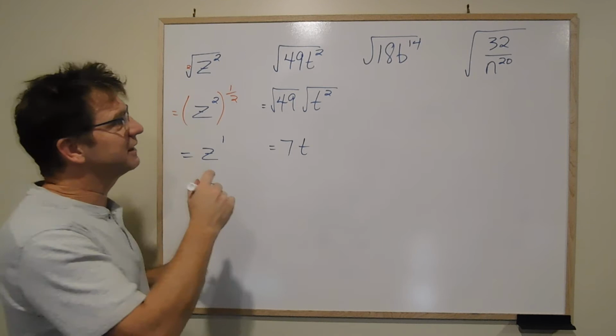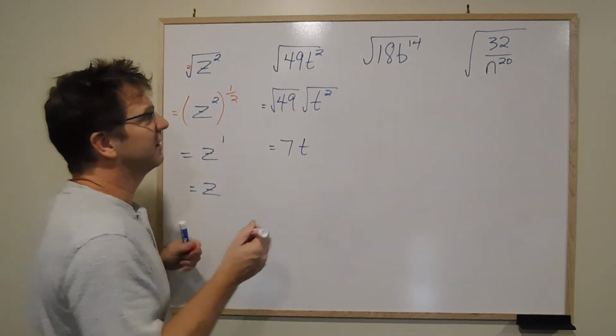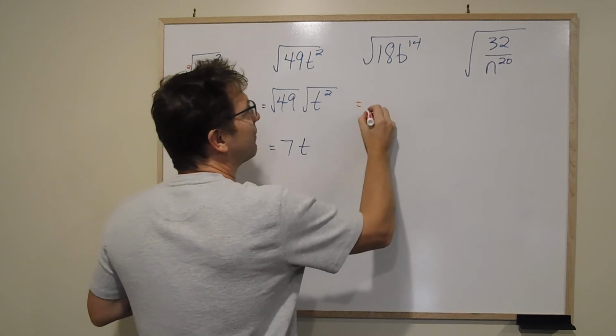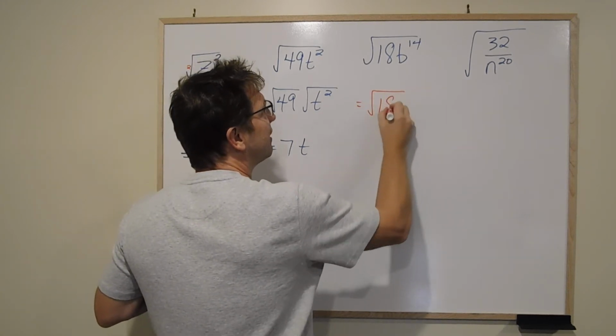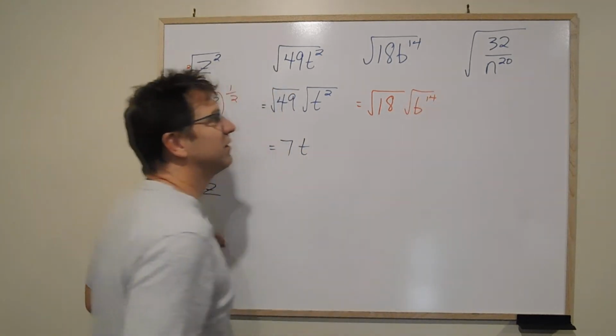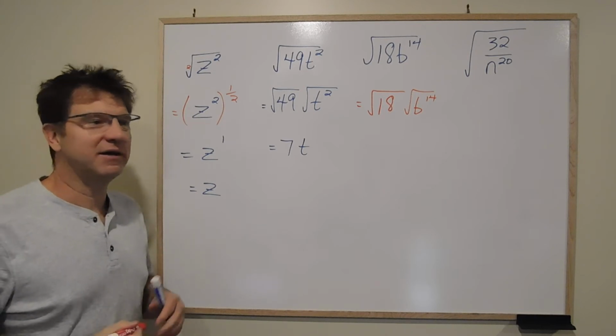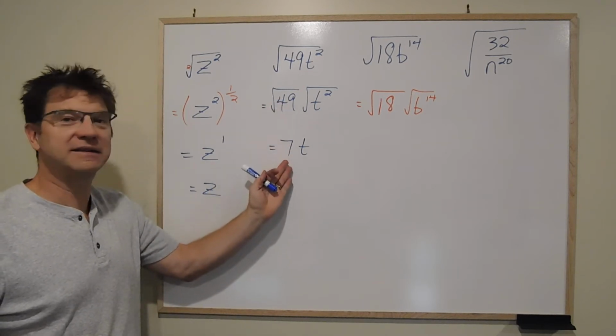The third one has a couple of things, so let's do it in a different color so you can separate it. We're going to do the square root of 18 and the square root of b to the 14. Now, unfortunately, the square root of 18 is not a perfect square. It's not nice like this.